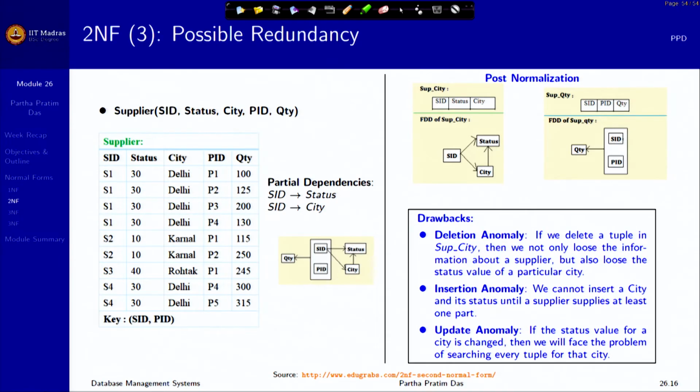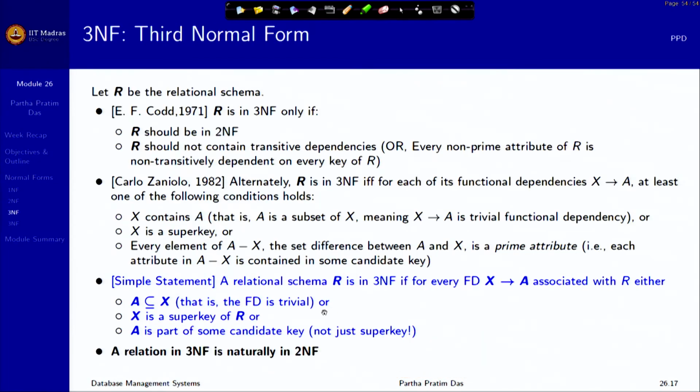So, what you will have here is, given the SID, which is the key, you will have a unique city, and therefore you will have a unique status. Right? So, that is how your redundancy is managed in the 2NF here.